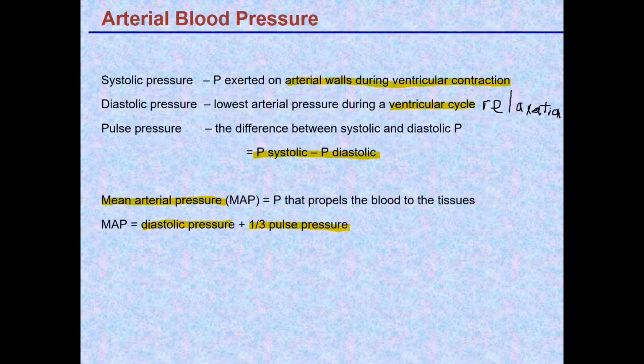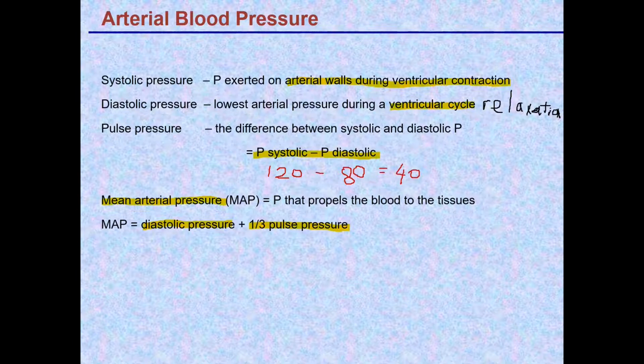If you're looking at an average, young, healthy person at rest, a young adult should have a blood pressure of 120 over 80. So typically you would have 120 systolic and 80 diastolic, giving you a pulse pressure of 40.